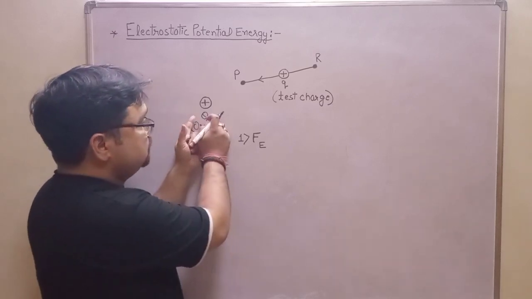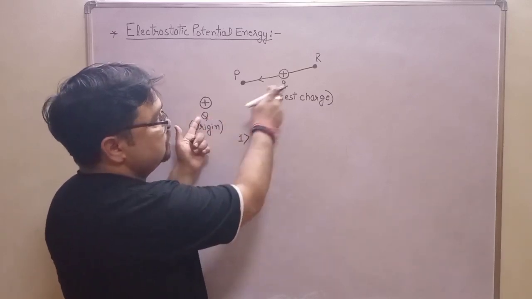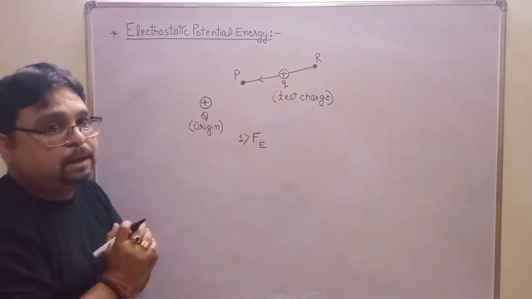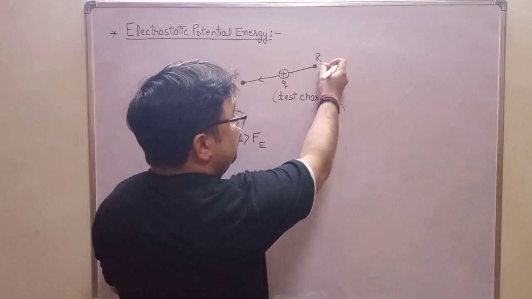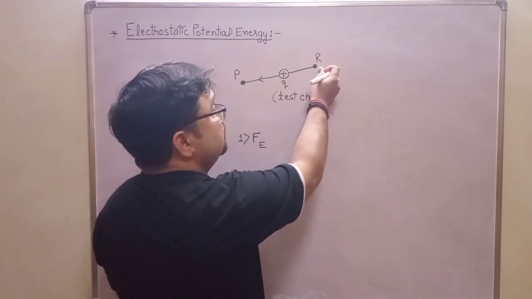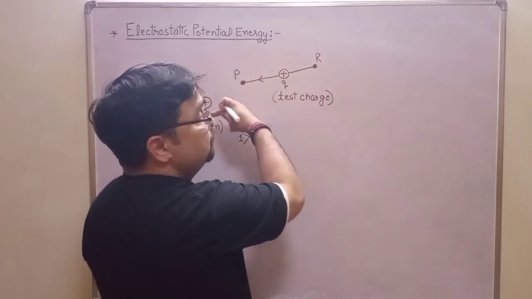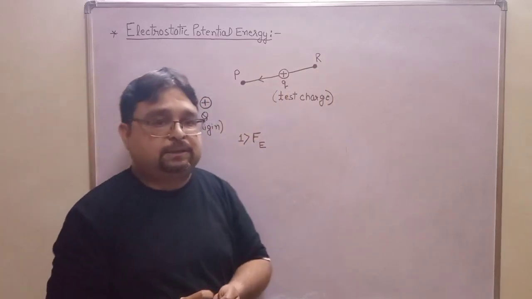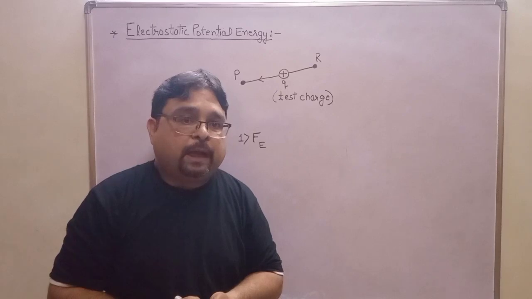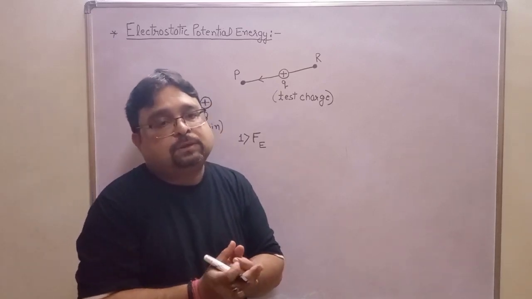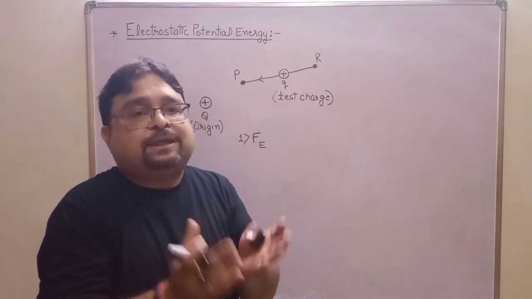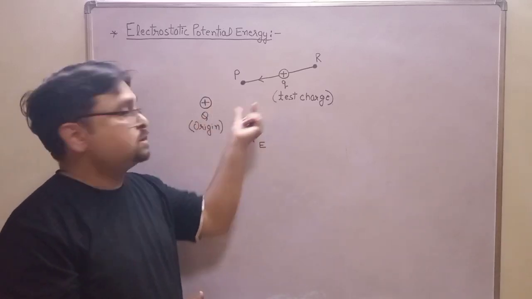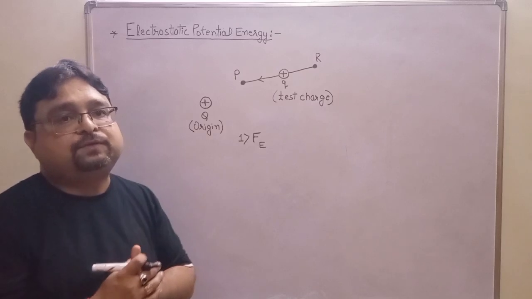So this capital Q charge will exert a force on small q charge, which will be repulsive force. And since we want this charge to move towards capital Q from point R to point P, we have to apply some external force. And that external force should be just enough to cancel this repulsive force due to electric field of charge capital Q.